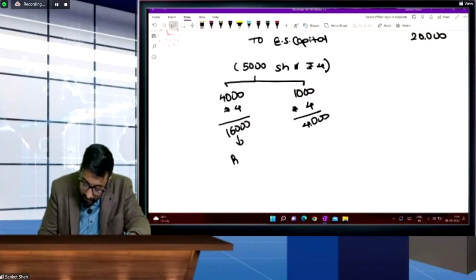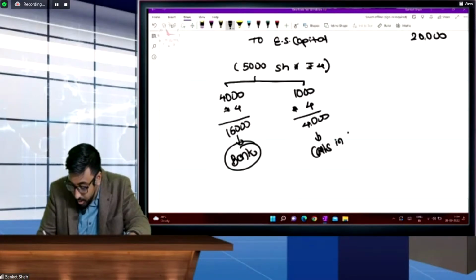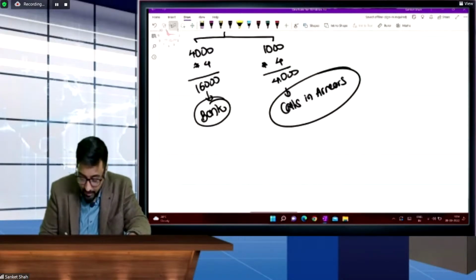So here I will debit bank account, and here I will debit calls in arrears account. Which account am I going to debit? Calls in arrears account.